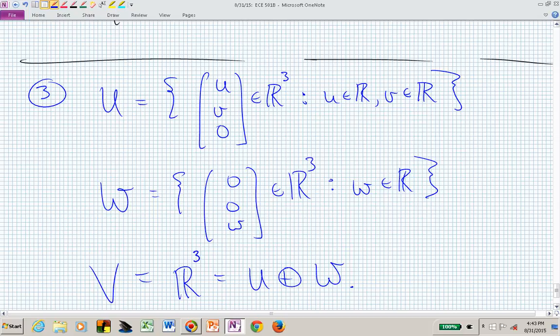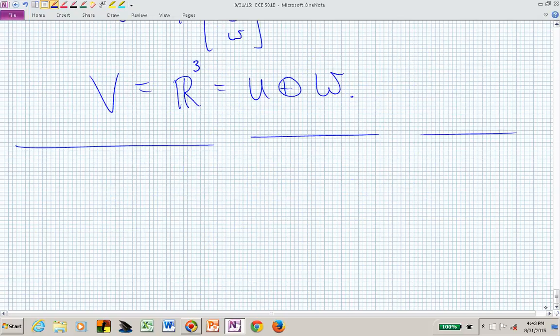Well, let's look at these propositions, because these propositions are going to tell us what happens with these direct sum decompositions of vector spaces. I think it will start talking with respect to some of these intersections.